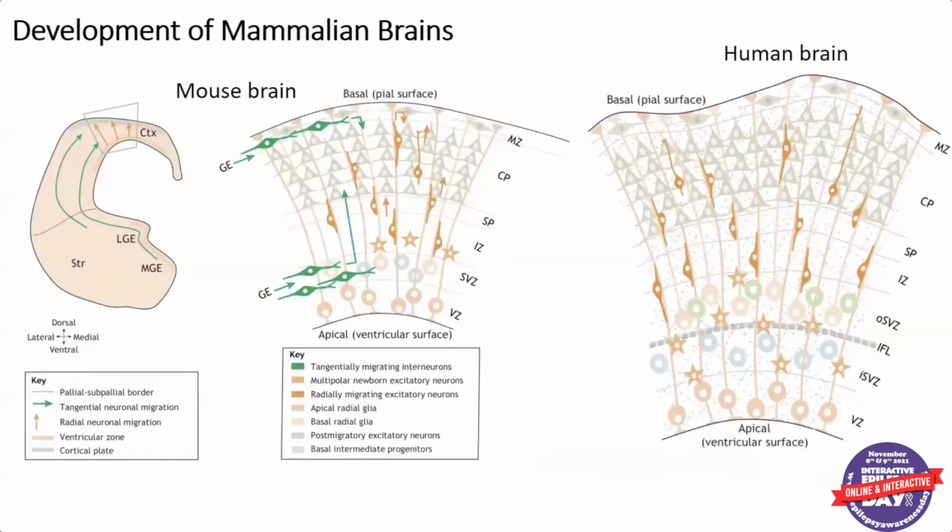This tube, though, starts off with cells that line its boundaries, and these cells then migrate or move in a radial fashion to get to their targets in the cortex. And interestingly, the lowest layers of the cortex get organized first, and then the upper layers do. And as these cells migrate, they make connections with each other to form the brain that we are used to.